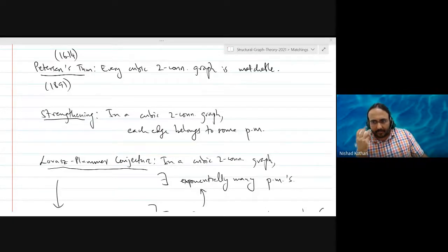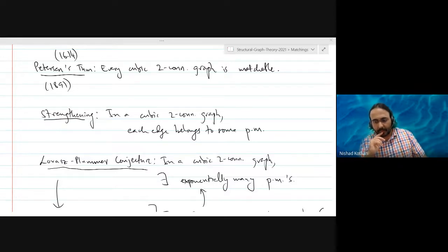So we have 3 more lectures remaining, right? There are 2 possibilities. If you want to know more about matchings, we can go deeper into matchings, and I can tell you about things in matching theory that may not be in Bondy and Murty. But if you would like to know about another topic in graph theory, that's also possible, and that would be Hamiltonian cycles.